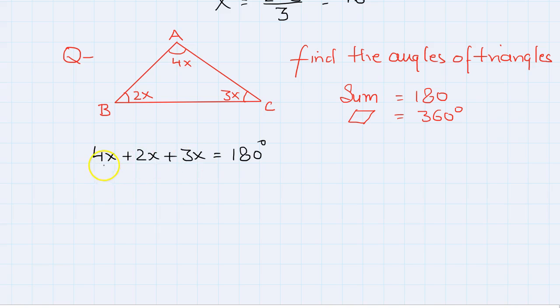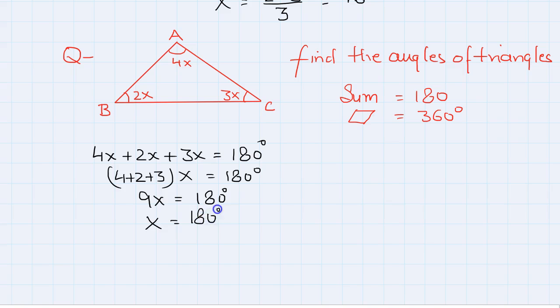These are all like terms: 4x plus 2x plus 3x. 4 plus 2 plus 3 x is equal to 180 degrees. 9x will be 180 degrees. So x is 180 degrees over 9. So x will be 20 degrees.